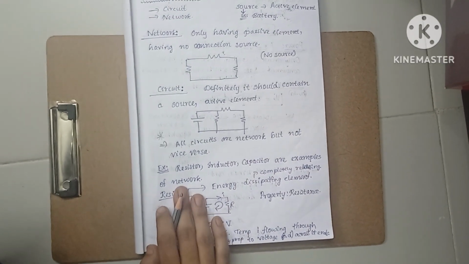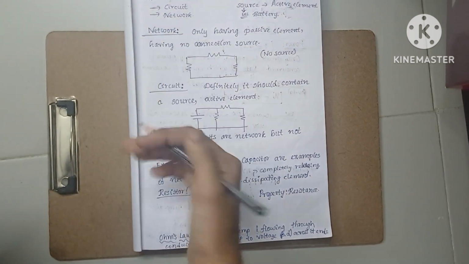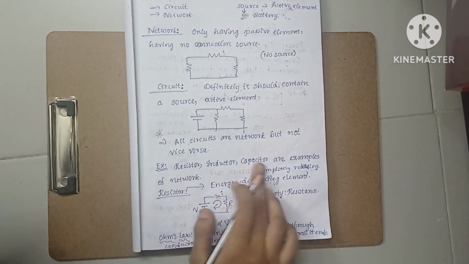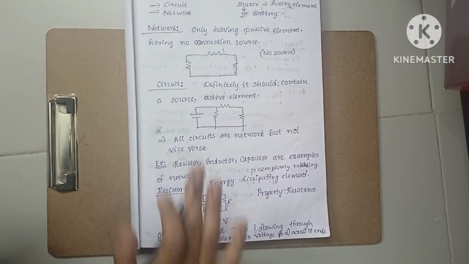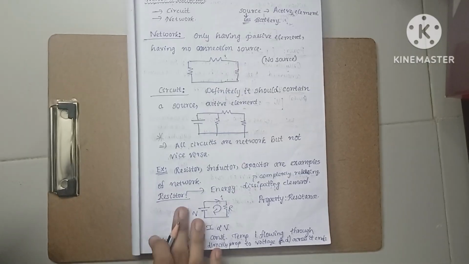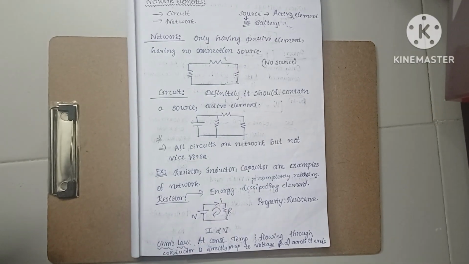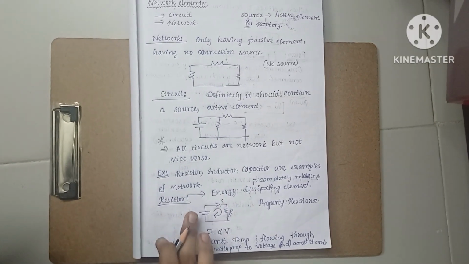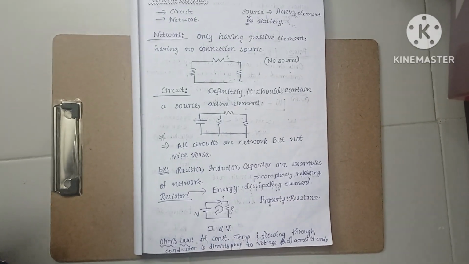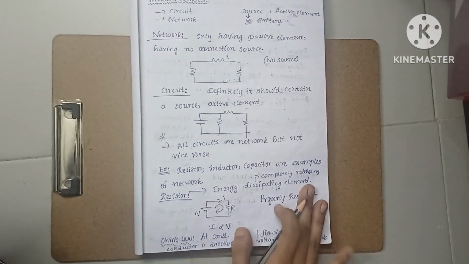Now coming to examples of network, as we have discussed previously, resistor, inductor and capacitor come under the network. Now let us go through the details of resistor, inductor and then capacitor. Here a resistor is nothing but an energy dissipating element, which means that it will completely release energy.